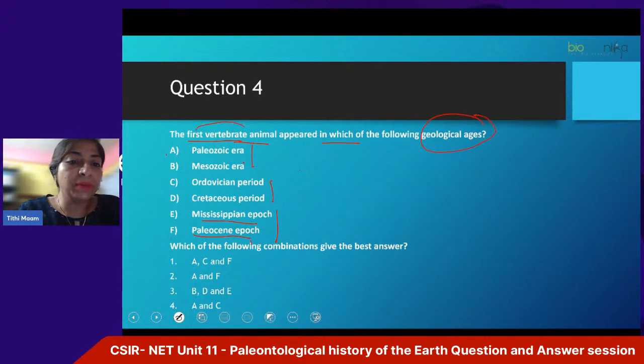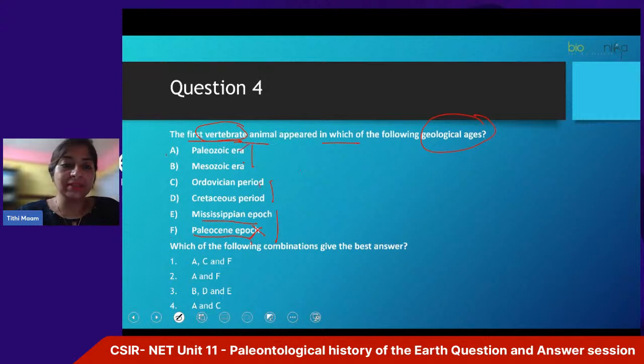Do you think vertebrate animal came in the most recent era? No, right? So immediately you can eliminate that. F is eliminated, correct? Now when you know in which era and in which period vertebrates evolved, then you can answer directly. So the answer will be Paleozoic era, Ordovician period.